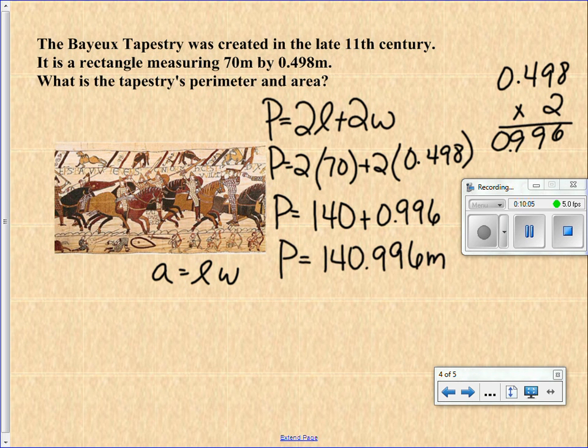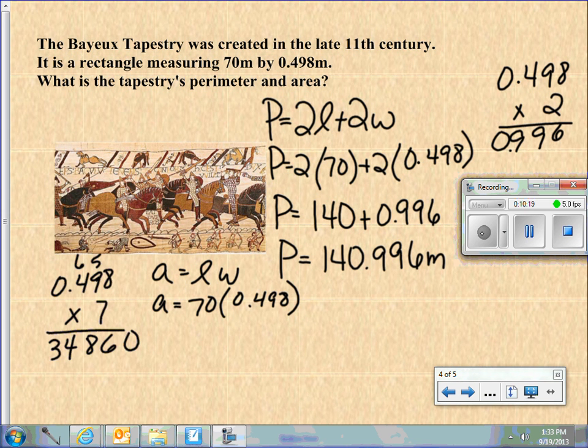Now the area, which is going to be the length times the width. If you'll notice, when I'm multiplying the length times the width, I just multiplied 498 thousandths by 7.